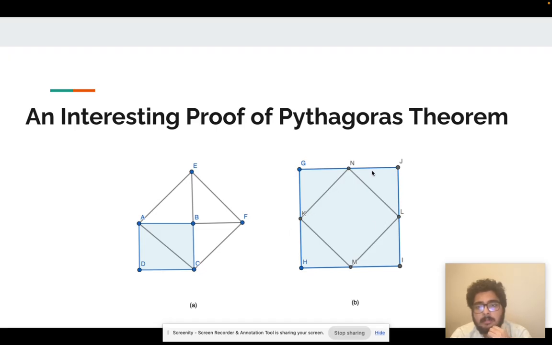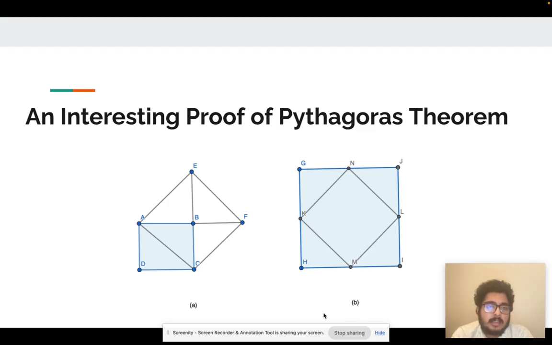If this is a square of area 2, this square will be of area 1. So if you want to construct a square of area 1 rotated like this, you just make a simple square, cut off the midpoints, and join them. How do you prove the Pythagoras theorem for the isosceles case?